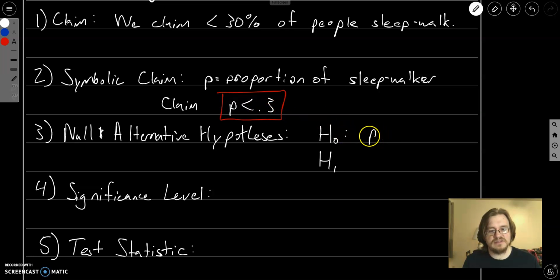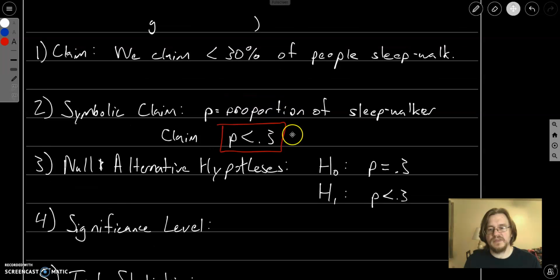So the null hypothesis here is going to be P is in fact equal to 0.3, and we will either reject this or fail to reject this. And if we reject this, the alternative will be that P is in fact less than 0.3. So we have the null hypothesis and the alternative hypothesis.